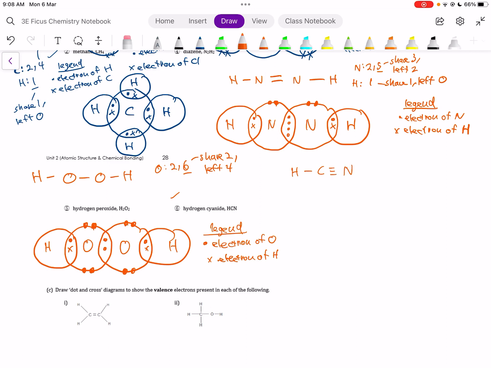C triple bond N, quite unique. This one your carbon, because there are 3 different elements. So this one is this way.